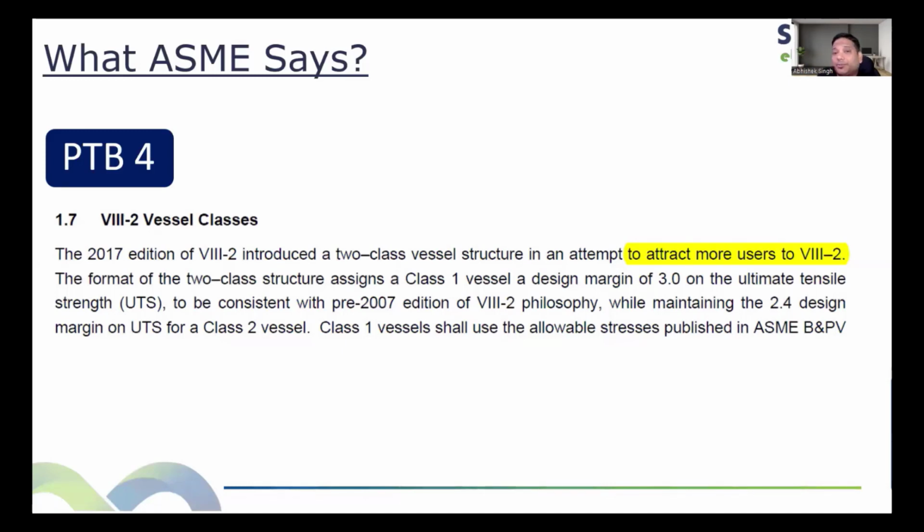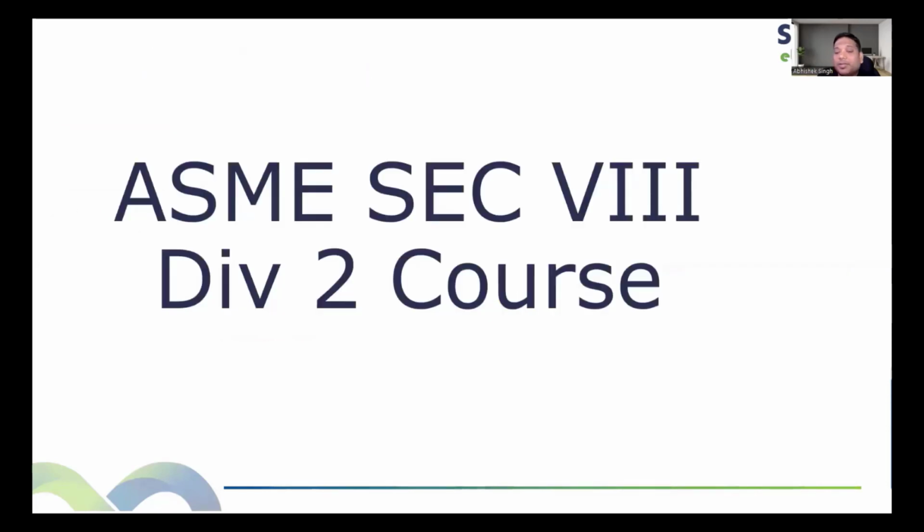It is trying to attract more users, and in future also all the technology which they are developing, they are including in Division 2. They will keep on improving. If you see the 2023 edition compared to 2021, the changes are enormous, too many changes. It is happening all the time with Division 2, which means it is very much in focus.